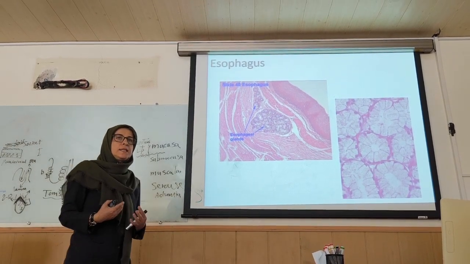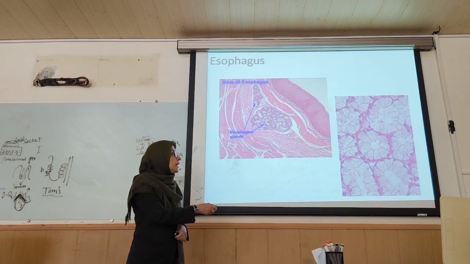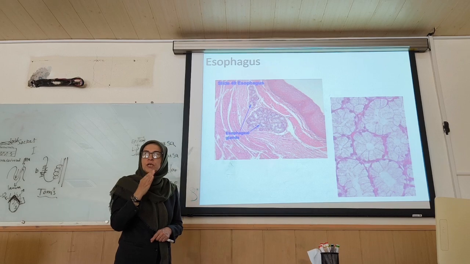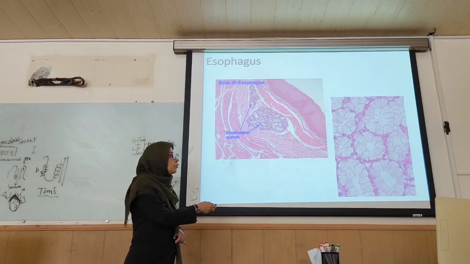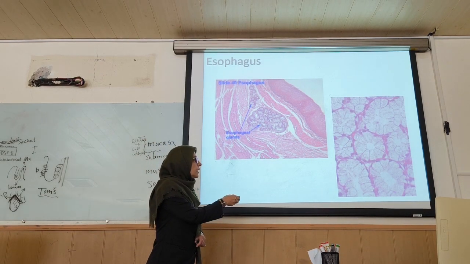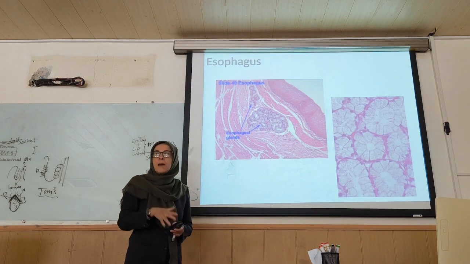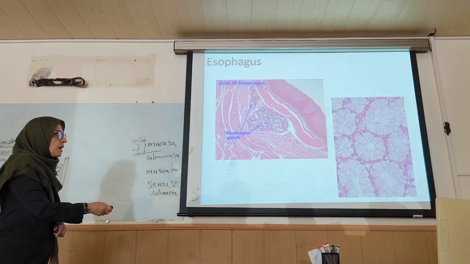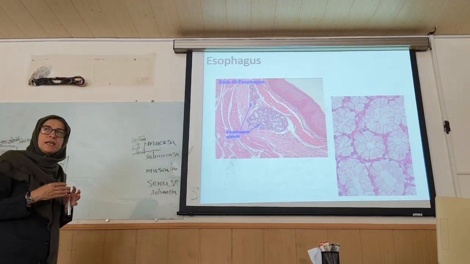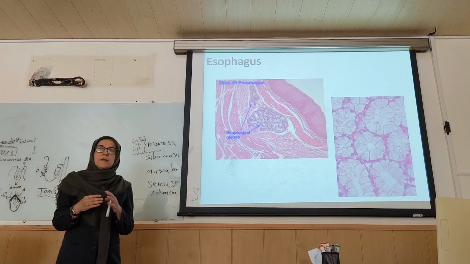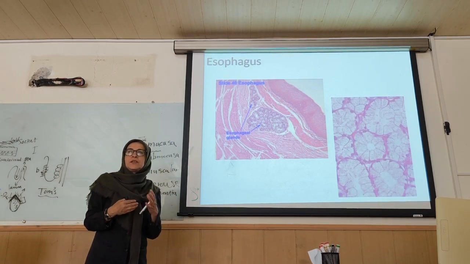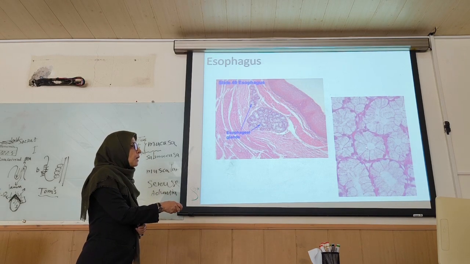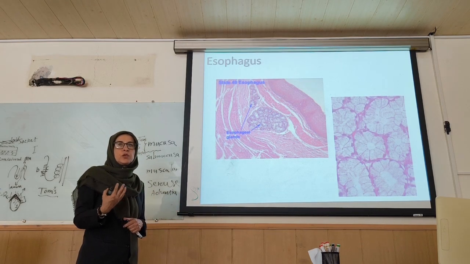If you remember, this mucus is stored in the apical part of the cells and pushes and presses the nucleus to the basal part. The nucleus is flat, compressed in the basal part of the cells, and the apical part is full of mucus droplets that finally exit from the apical part of the cells by exocytosis.